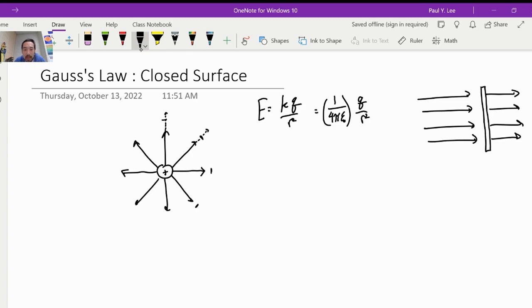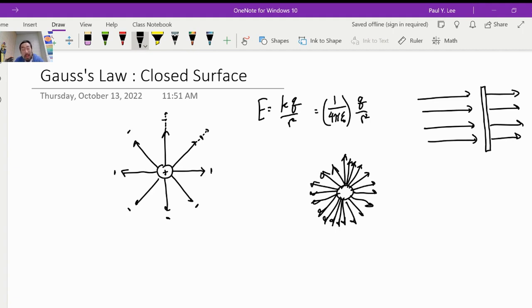We're going to draw these teeny tiny windows all throughout this surface. This is just a model of a point charge with E field lines emanating from it. Technically, this model is best represented with an infinite amount, I say infinite, but you know what I mean, a lot, like porcupine style, a lot of E field lines emanating from this point charge.